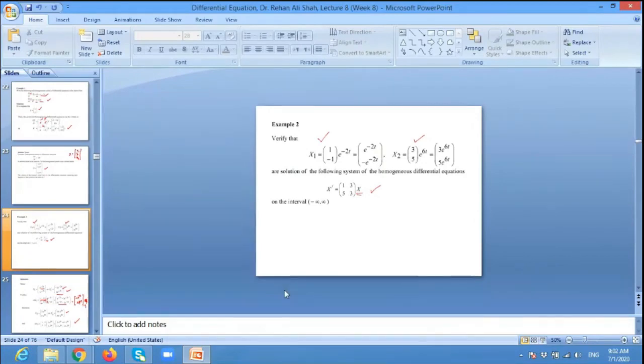How to verify that x1 is the solution of this system, x dash is equal to Ax?